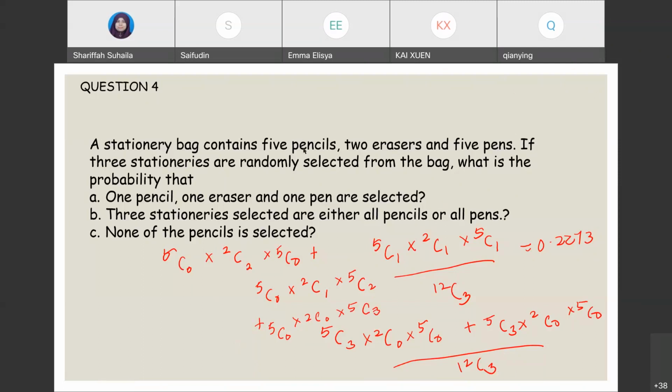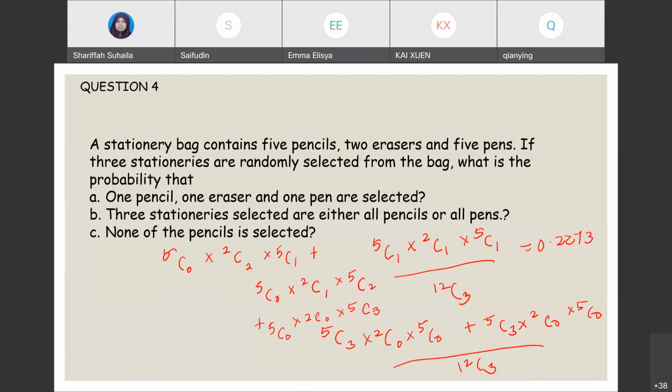None of the pencil, so pencil kita ada 5. Okay, so it can be either 2 eraser. Sorry, satu lagi tertinggal eh. So ini ataupun kita nak pilih 3. Ya, saya tulis ni. Okay, you want to choose 3 eh. I choose 1 eh.